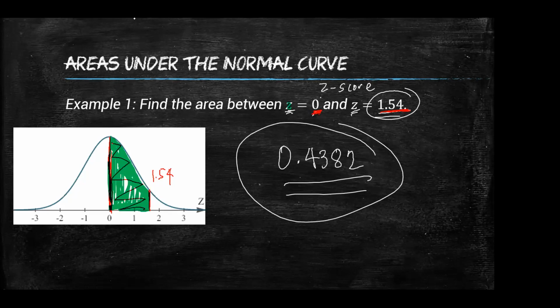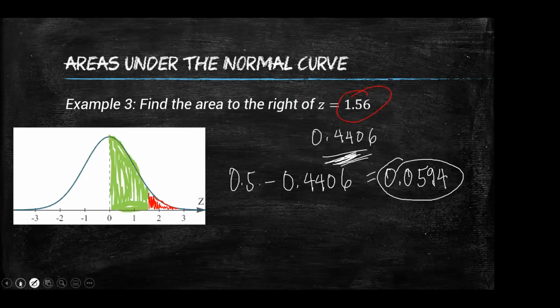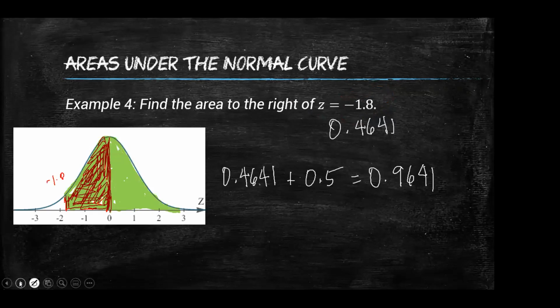Next po is, ayan. So find the area between, ayun din ulit, same example lang. Next is, ayan, pag area to the right, ayan po yung gagawin. Okay? So yan. Next is pag area to the right ulit, ito rin. Ayan.